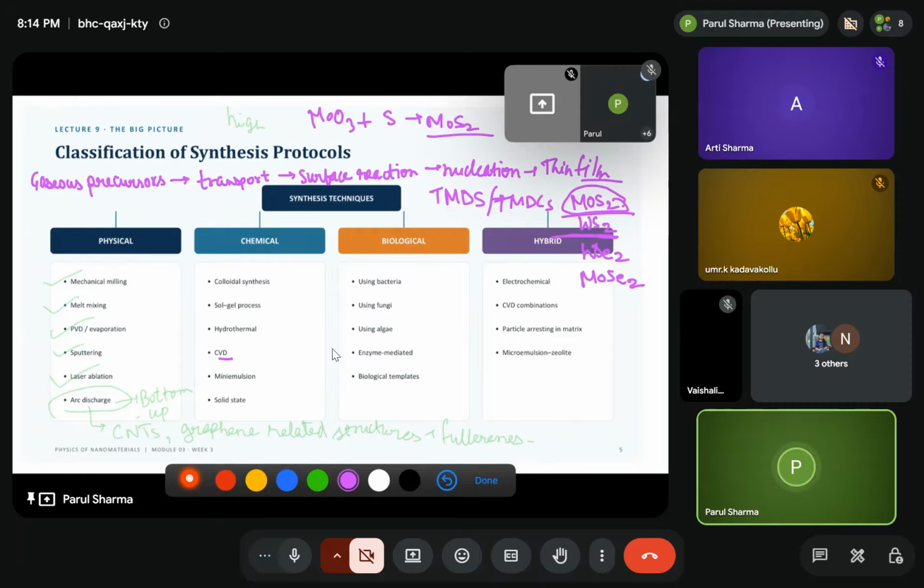Suppose we want to deposit silicon. So what will be the precursor? We will use the precursor SiH4. At the hot substrate, it will decompose to Si plus 2H2. So what are the main components of a CVD system? Precursor gas, carrier gas, gas flow controller.